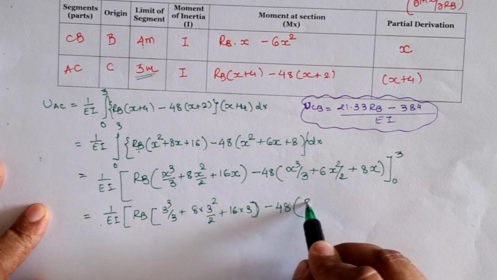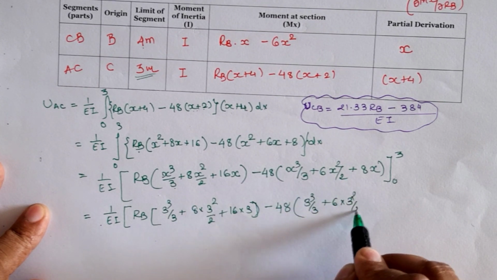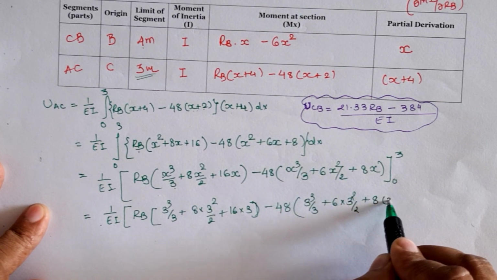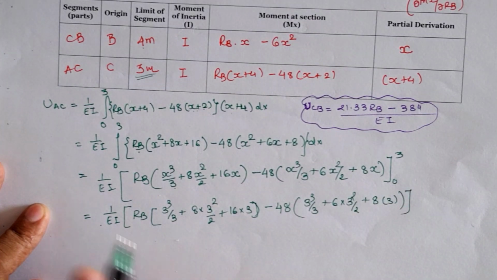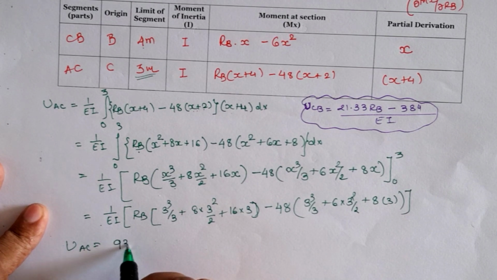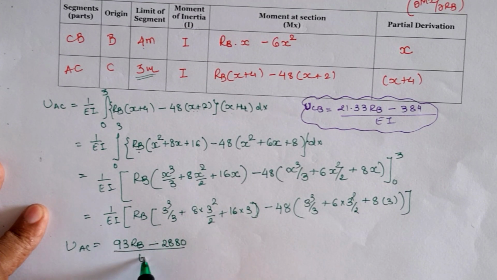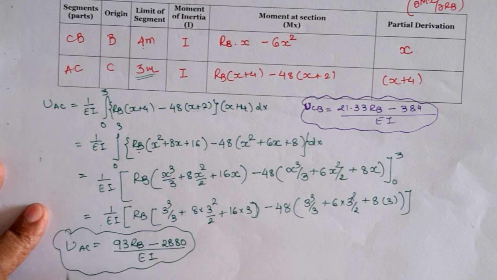Now x cube by 3 as 3 cube by 3 plus 6 into x square by 2 as 3 square by 2 plus 8 into 3. Now solving this term, we have strain energy in AC segment, which is equal to 93 RB minus 2880 divided by EI as the strain energy in A to C segment.